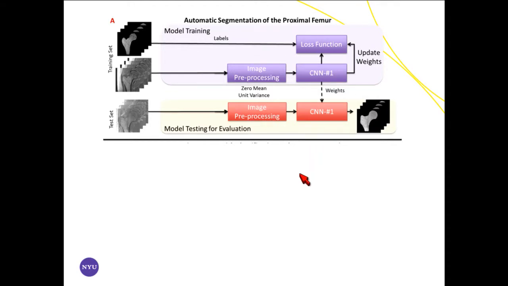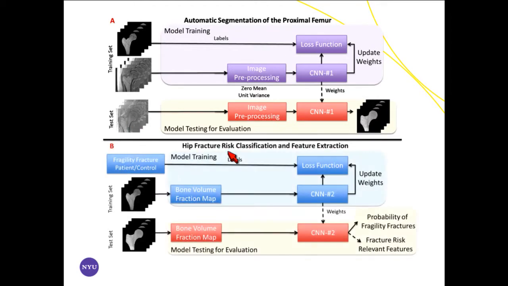Who cares? Well, he segmented this because actually he was interested in this, right? He was interested in risk classification for hip fractures, and trying to extract the features that might predispose someone to hip fractures. So in order to do this, the algorithm has to be able to focus on what you want it to look at.